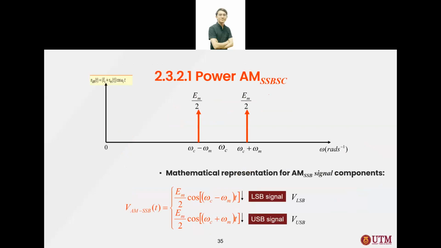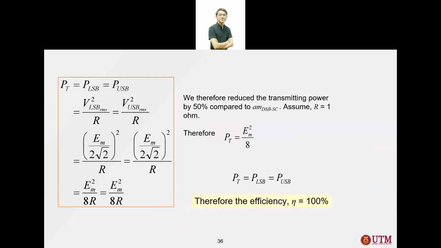So the power sideband in amplitude modulation in single sideband suppressed carrier: our power is made up by this component. Because you only send one of the sidebands, the total power is contributed by either the lower sideband or the upper sideband, but not both, because it's single sideband.